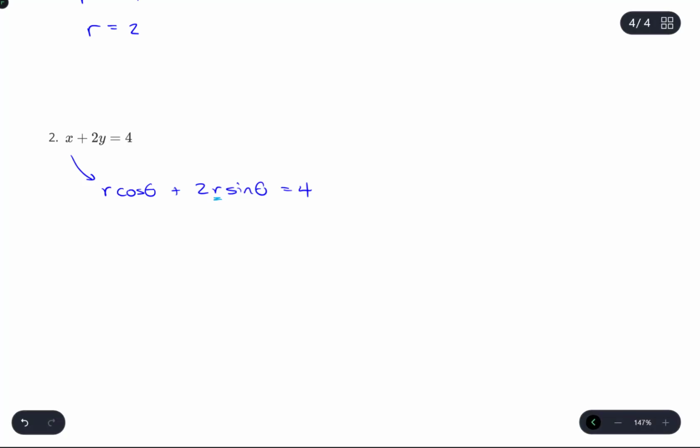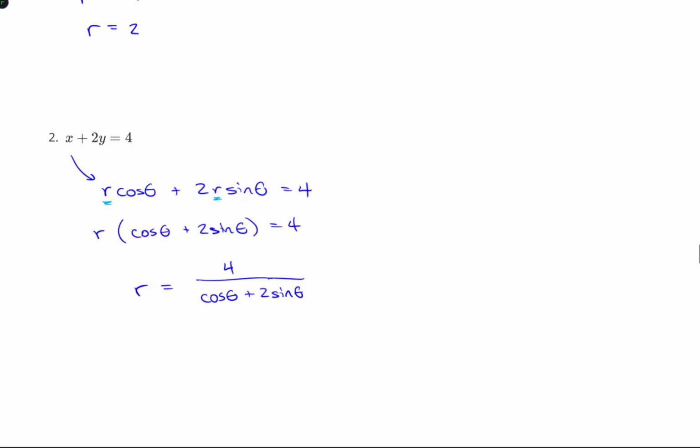So first thing I notice is there's a common factor of r in each of these two terms. So I can pull that out, and then that leaves me with something that I can divide to the other side, and I would have r by itself, and then 4 over cosine theta plus 2 sine theta. And that was a line, so this would be the equivalent of a linear equation in polar coordinates.